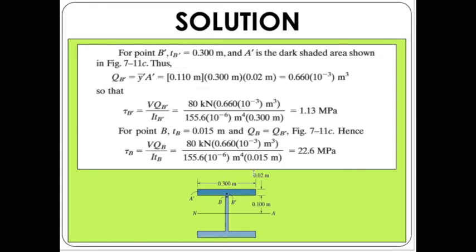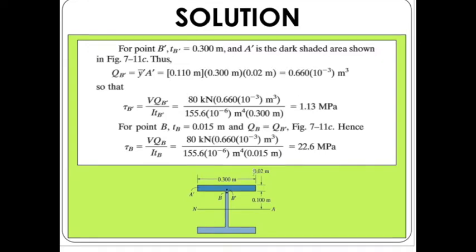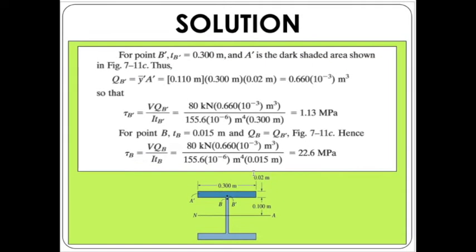First, we are going to look into the points at which we will determine the values. The points we are going to consider are area A prime, which is the area of the flange section, this top part. Then we have B prime, which is located at the bottom of the flange, as well as point B, the exchange point between the flange and the web.